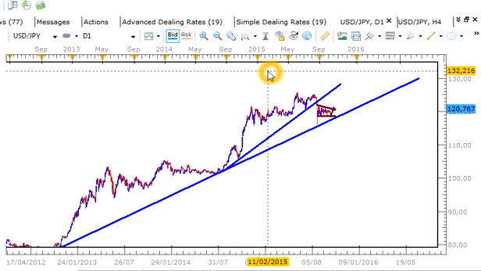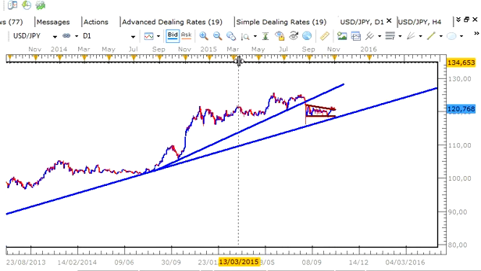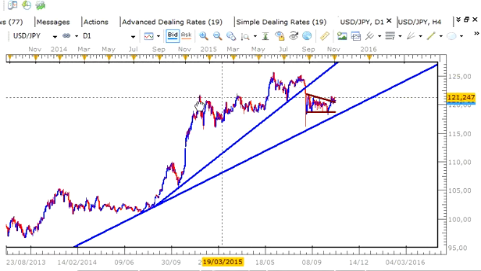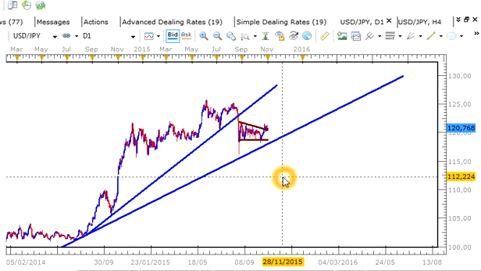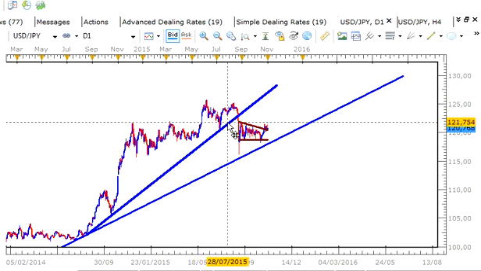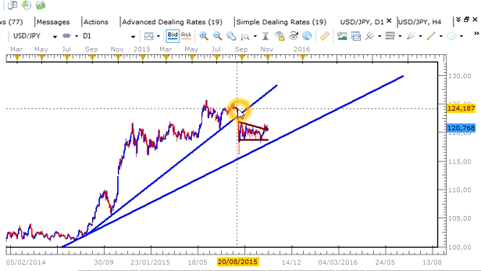Now in terms of what we could actually see take place in terms of a movement to either continue the uptrend or start a reversal, here we can see that the market is basically forming a potential bear crown setup.